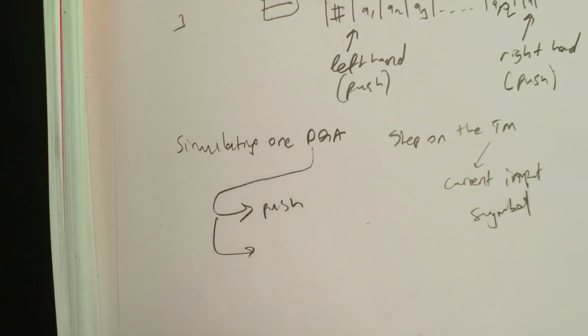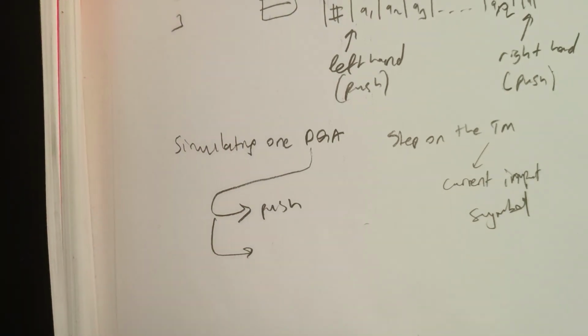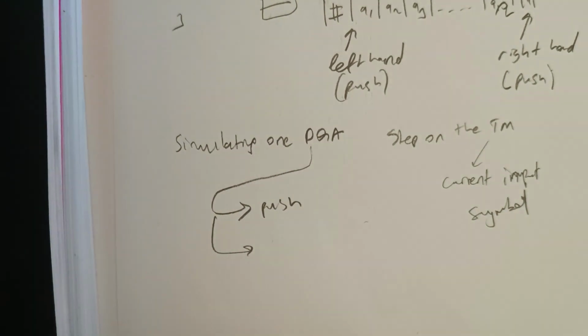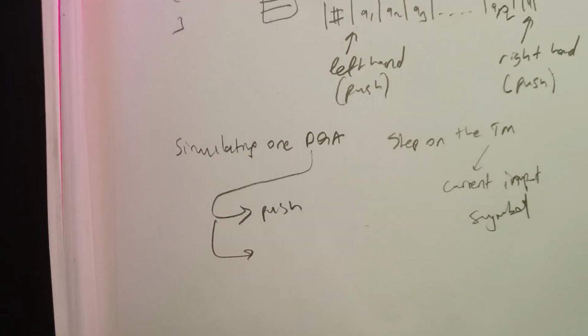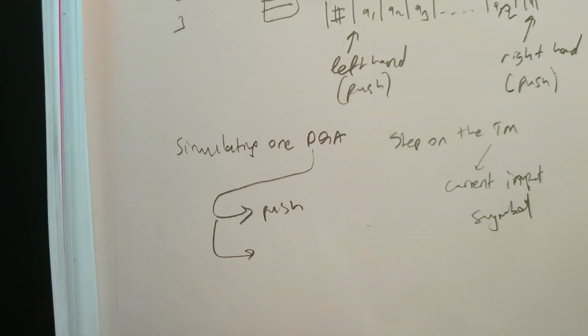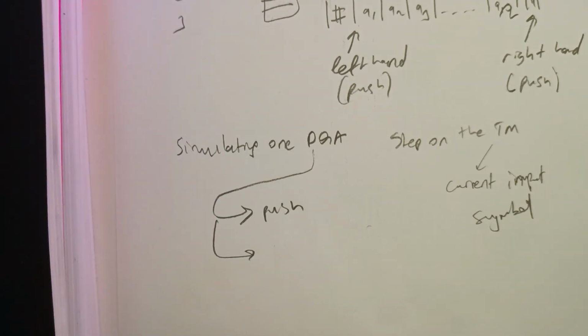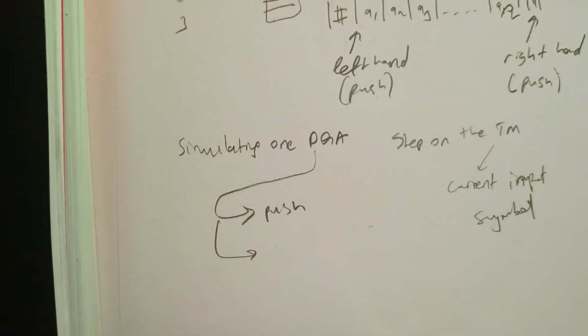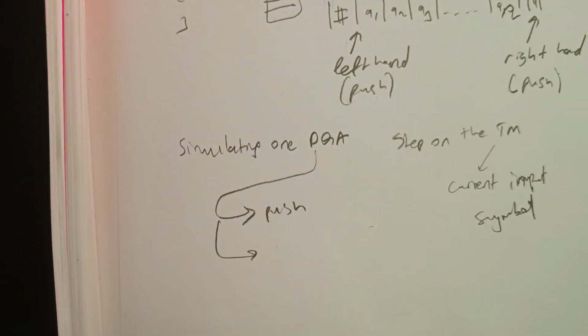Thus, each single deterministic queue automaton transition can be broken down into a finite number of Turing machine moves: scanning, writing, erasing, or shifting. Okay.